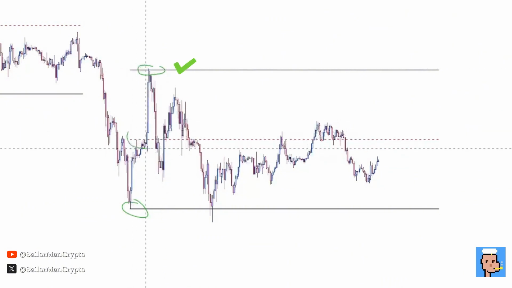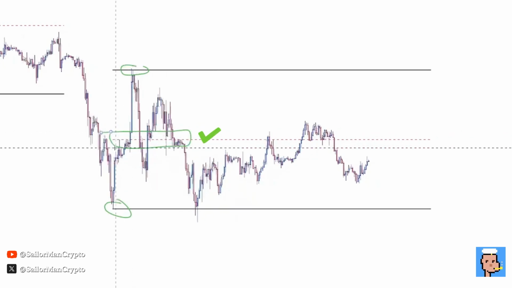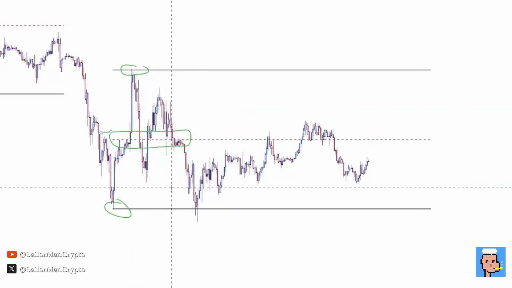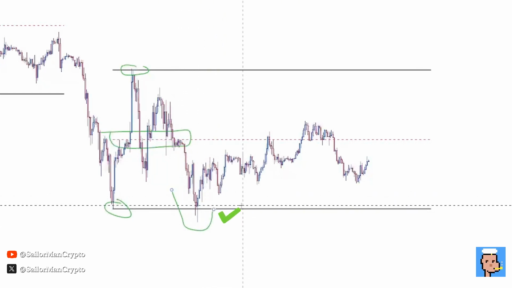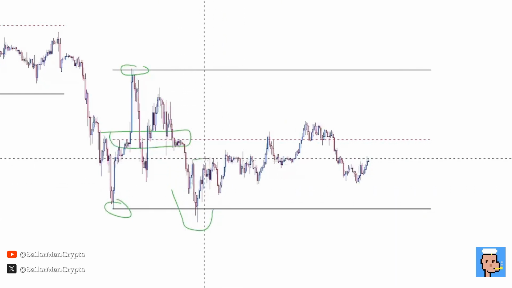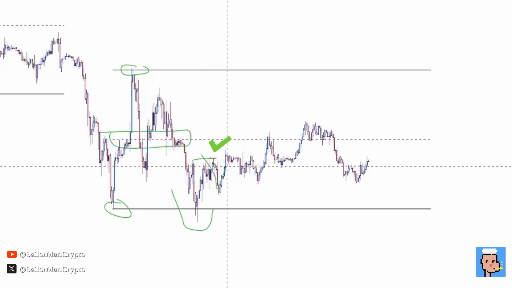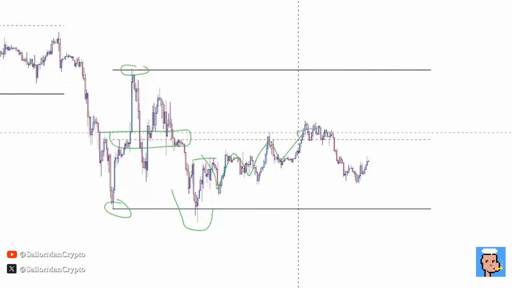Mid-range looks fairly respected. As you can see, there is some interaction, and the level is showing relevance. We do have a deviation below, in this case in the form of a swing failure pattern. We do have a market structure break. There is a dip, then we will see, and then price at least has moved so far to mid-range.